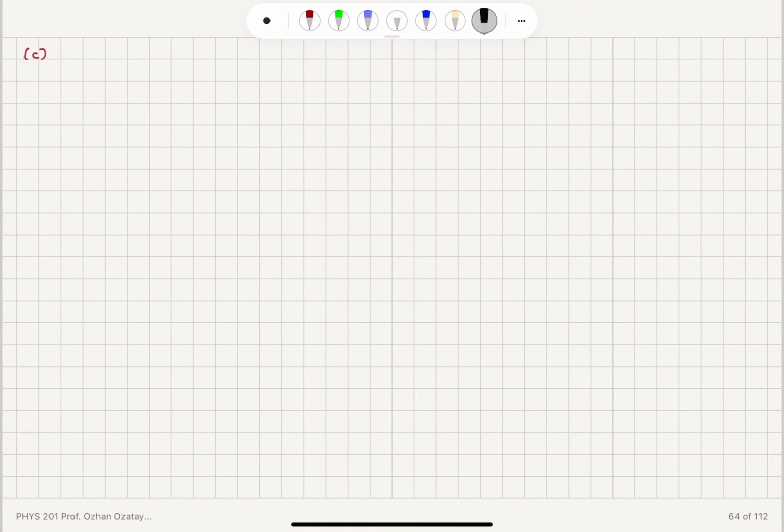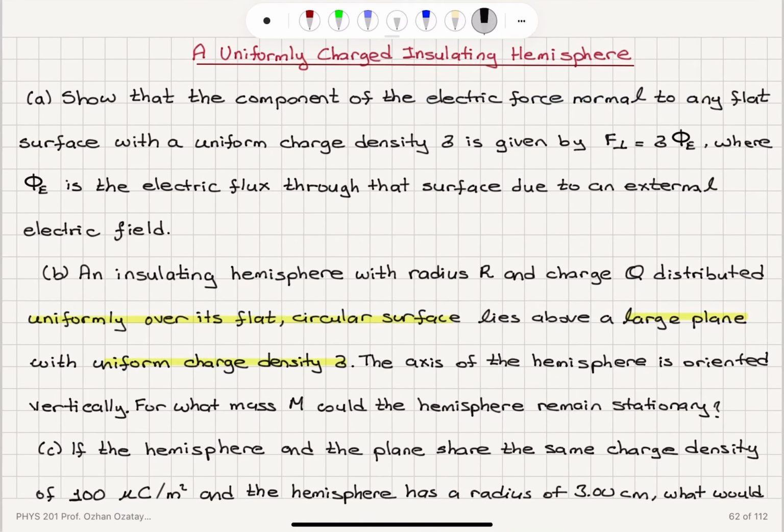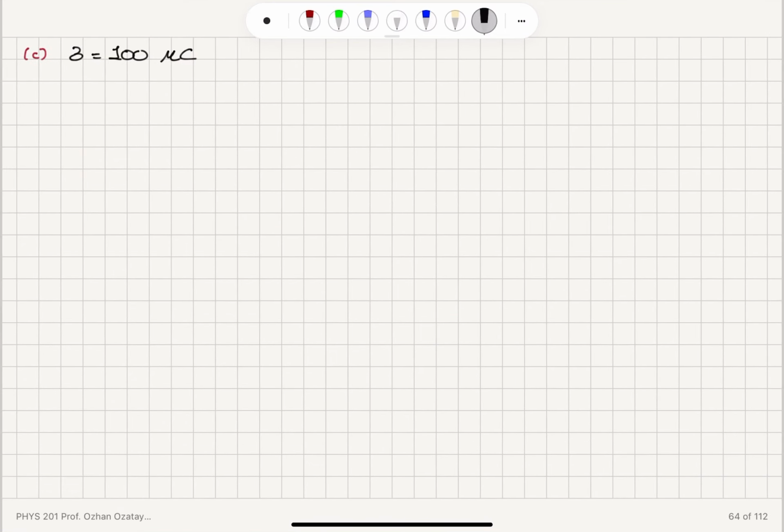Okay, now I have the same charge density sigma, which is 100 microcoulombs. Let me check again. It is 100 microcoulombs per meter squared charge density. The radius of the hemisphere is 3.00 centimeters. The mass is 100 grams.